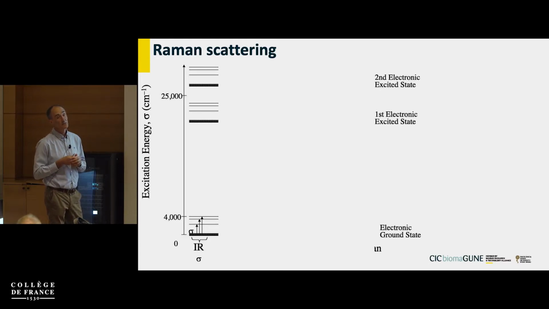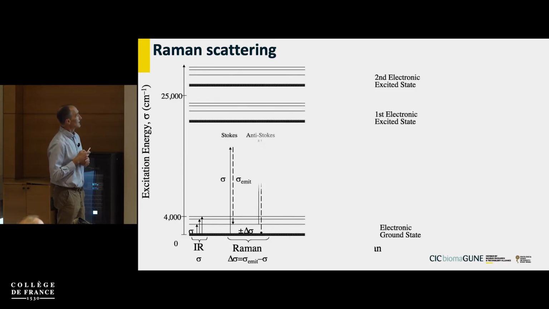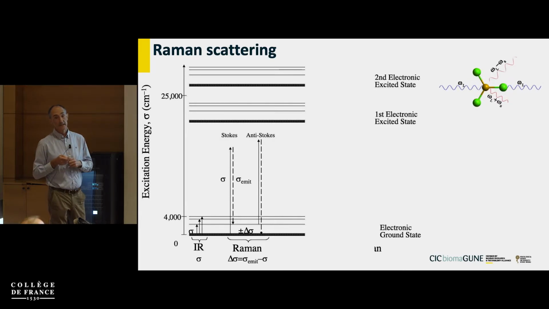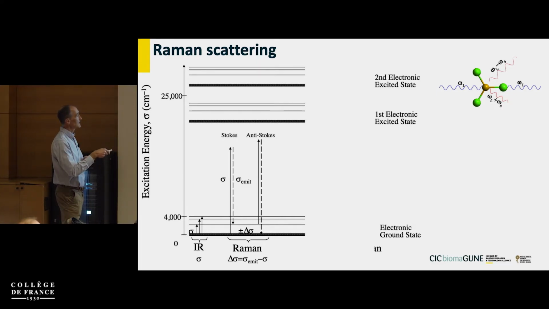But if you want to work in water, this is a problem because water absorbs quite a lot of infrared light as well. And this is why Raman scattering spectroscopy has been proposed as a more useful technique when you're going to work in water, because water also scatters Raman, but with much less intensity. Now, the issue is with Raman, you're exciting electrons from the ground state to either an allowed or forbidden electronic state.